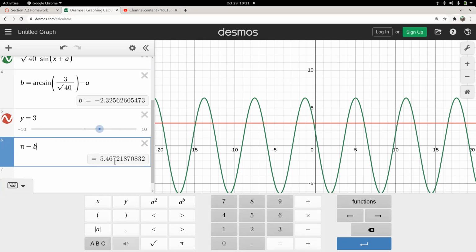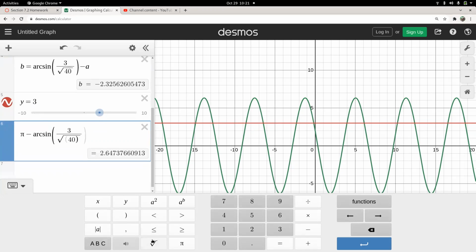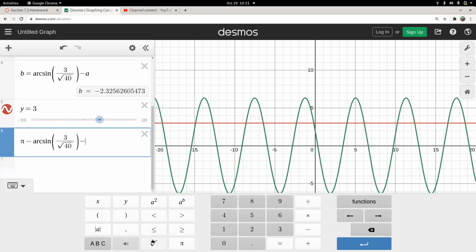Oh, that ends up being positive. I don't think I typed that right. No, it's not pi minus B. It's pi minus the arc sine, then minus the arc cosine, which I was calling A. I guess I have to type it out. That should work all right.